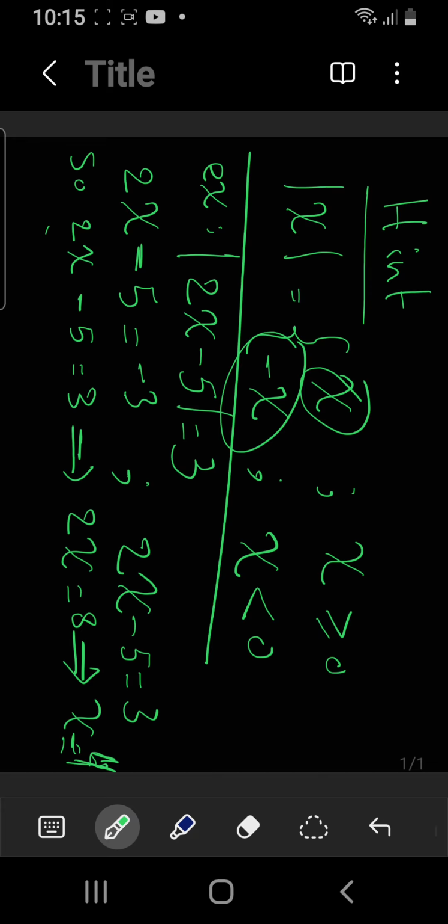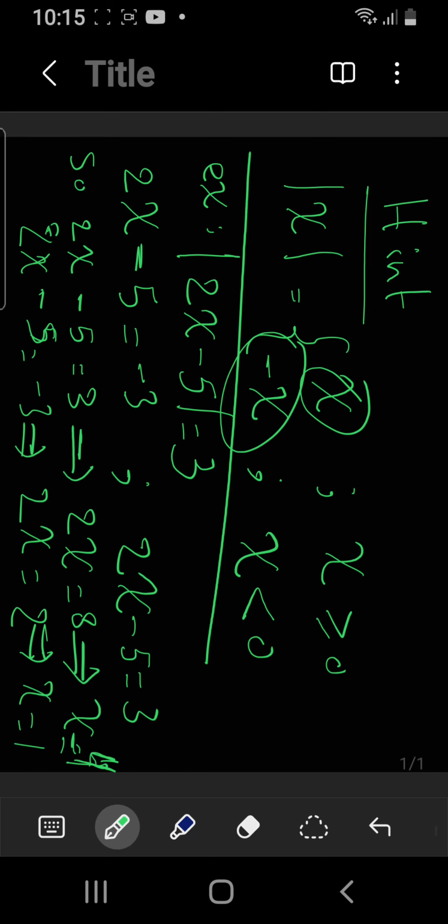And 2x minus 5 equals negative 3, that belongs to 2x equals 2, so x equals 1. Okay, these are the two values.